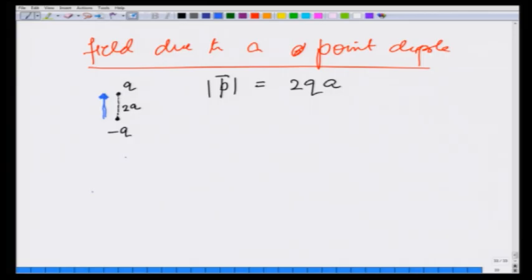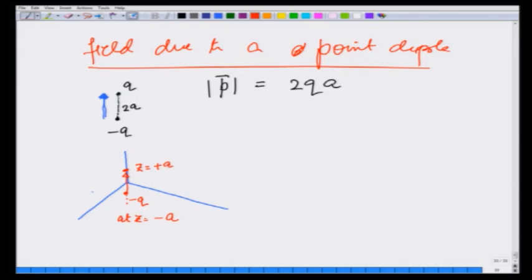If I take the dipole to be sitting at the origin and in the z direction, then I will take the charges minus q at z equals minus a, and plus q to be sitting at z equals plus a.